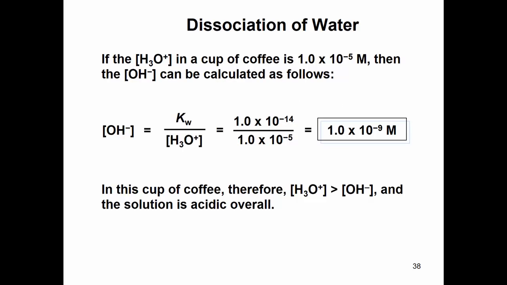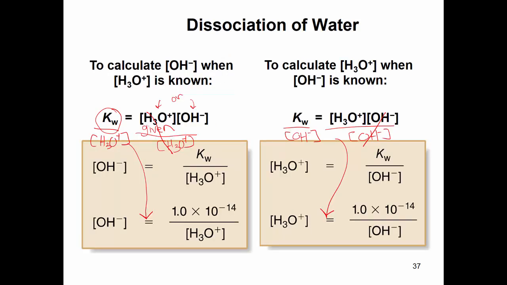All right, so we're given the hydronium concentration of a cup of coffee, and we want to find the hydroxide concentration. Anytime you know one, you know the other, because you know kW, your ion product constant equation. So just like we did over here, we're trying to calculate hydroxide. To calculate hydroxide, we took kW, 1.0 times 10 to the negative 14.